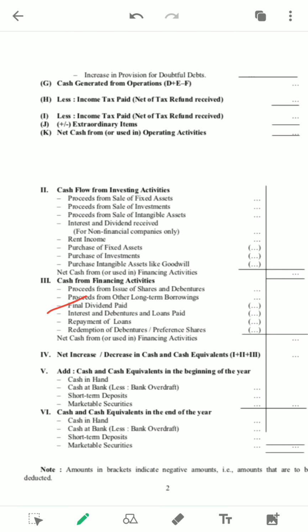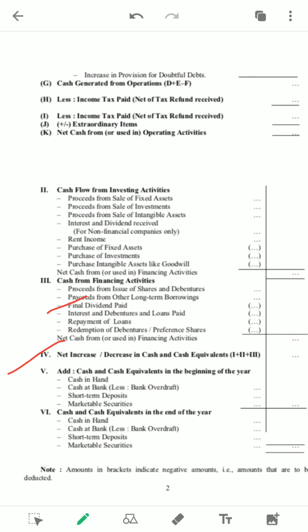So you have three items now: operating, investing, and financing. If we denote operating as A, investing as B, and financing as C, then we need to do A plus B plus C. Means we need to add all these activities. The final amount of all these activities will be added to get the net increase or decrease in cash and cash equivalents during the year.